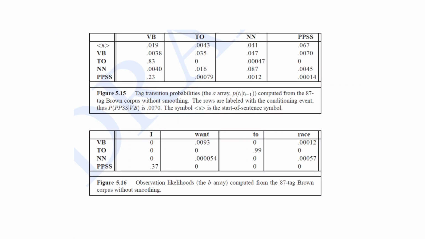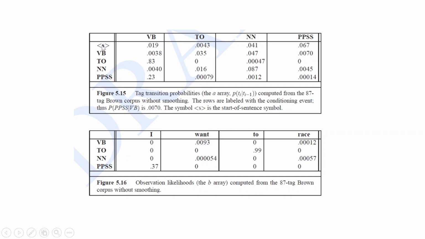Okay, so this is an example of a hidden Markov model. Here we are not showing it as a transition diagram, but the actual probabilities are given. There is a start state, and these tags form the other states in the hidden Markov model, and these values stand for the transition probabilities.